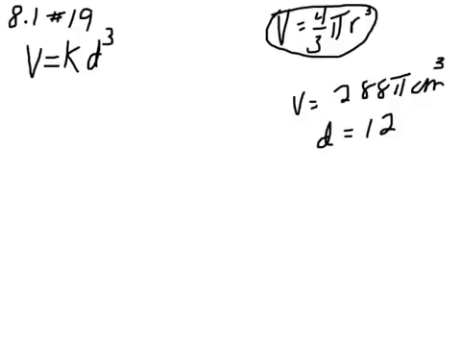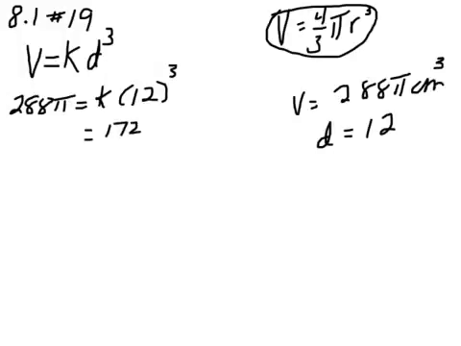We can say, okay, the volume is 288 pi centimeters cubed, and I'm not going to put the units in. And then we've got K times 12 is the diameter cubed. Well, let's see what 12 cubed is. 12 raised to the third power is 1728. So I have 1728 times K is equal to 288 pi, okay?